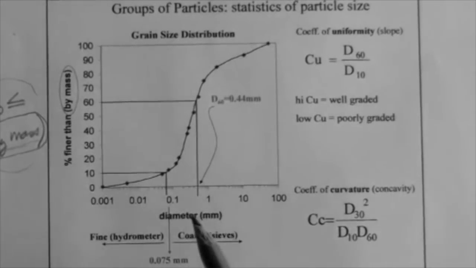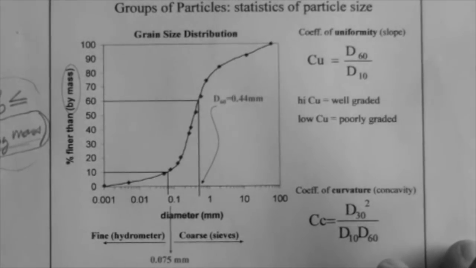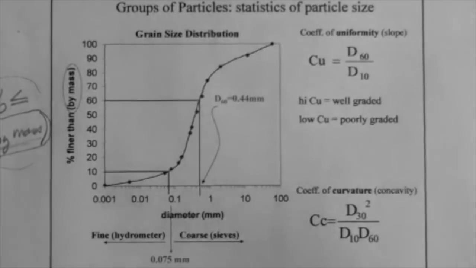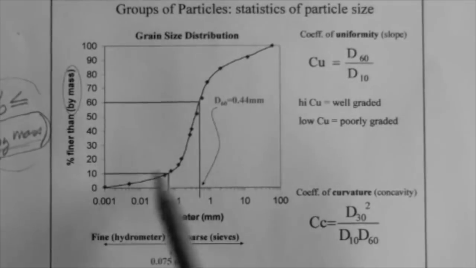I'll tell you some indications as to how we determine these masses, and how we eventually get to this. Of course, it's in the book, and I expect you to read the book, as I said in the welcome video. Now, let's look at the curve.